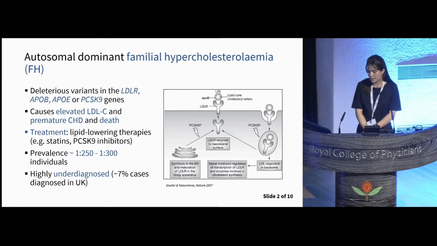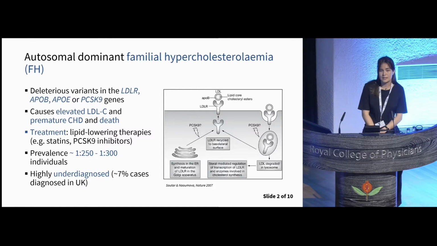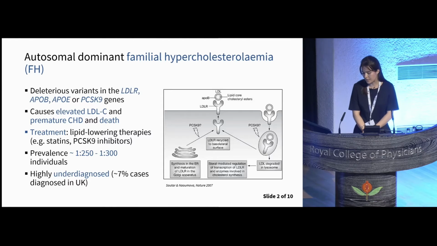FH is characterized by elevated LDL cholesterol concentration, and this burden leads to premature coronary heart disease and death. There's currently no cure for FH, but treatments include lipid-lowering therapies, such as statins, and these have been shown to be highly beneficial in FH patients.